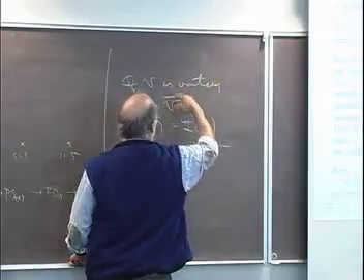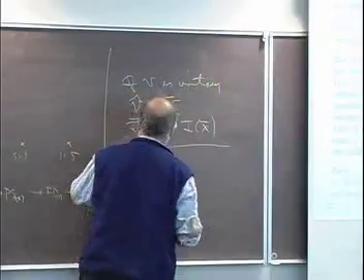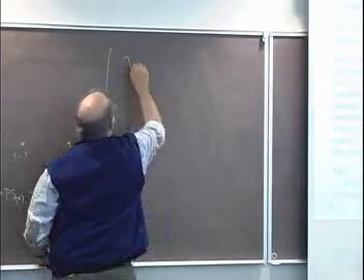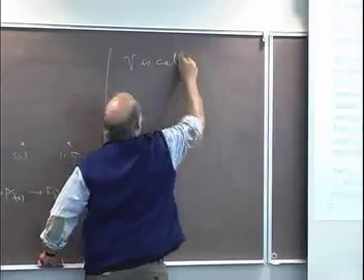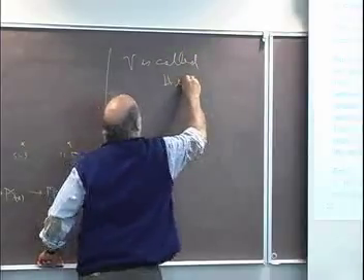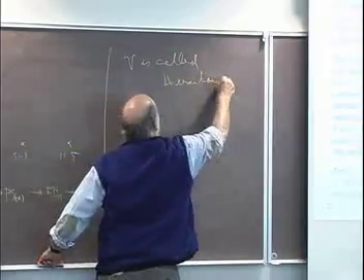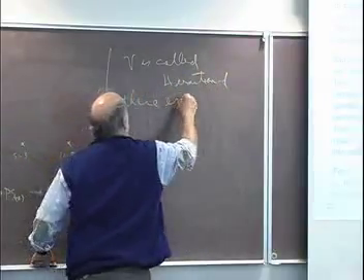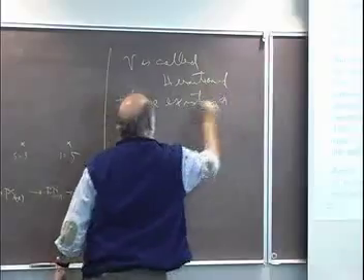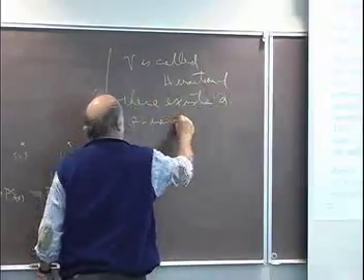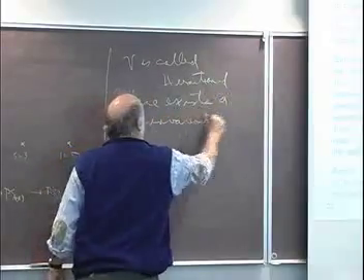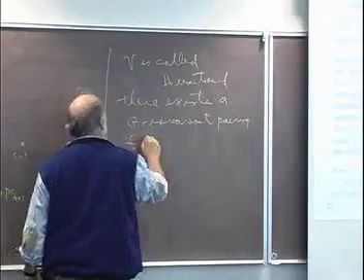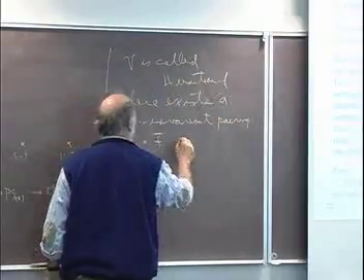Well, I have at least a pairing, which is called Hermitian. So V is called Hermitian if there exists a G-invariant pairing, F dotted with F bar.